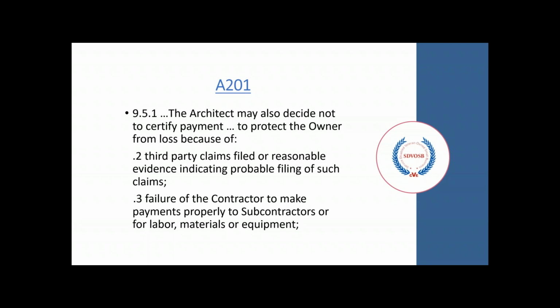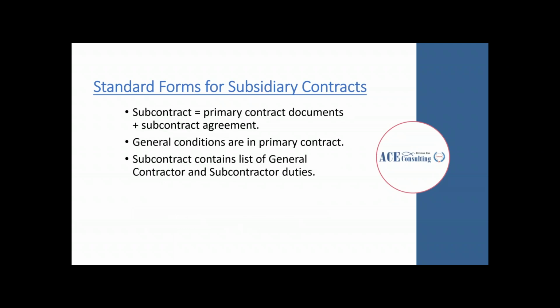This section within the A201 document talks more about the architect and owner's ability to withhold payment in the case that the contractor is not making good on its obligations to its subs and its suppliers.